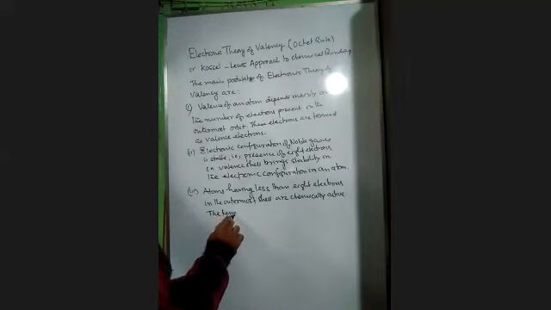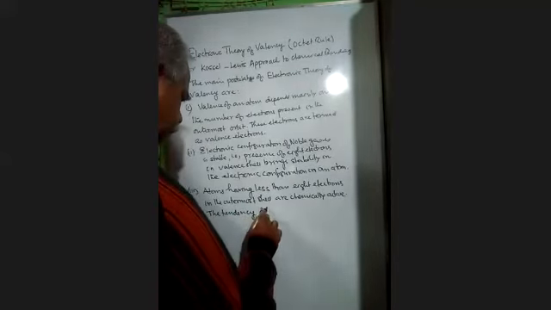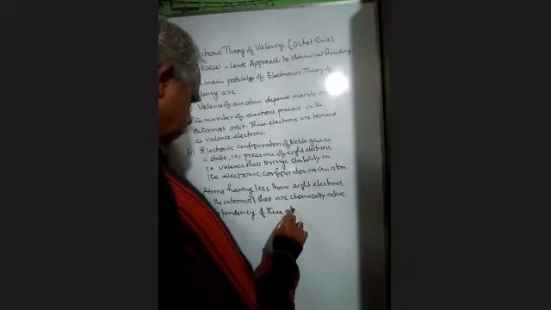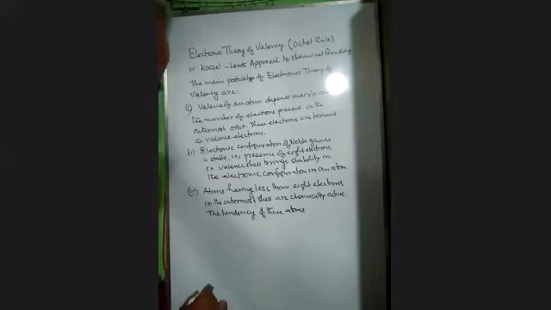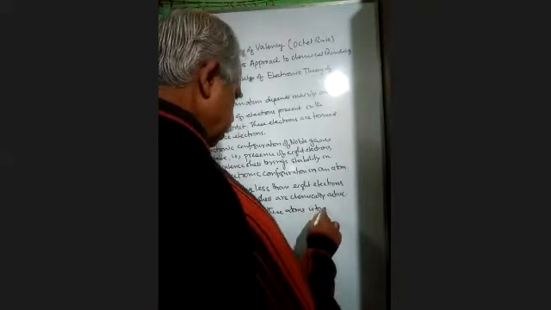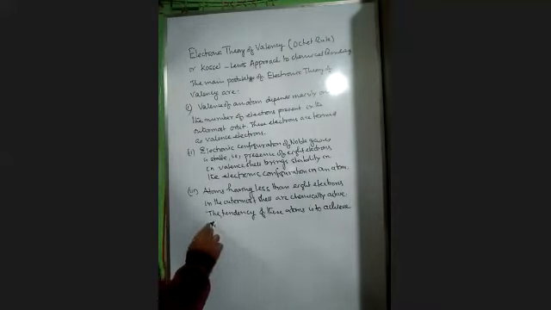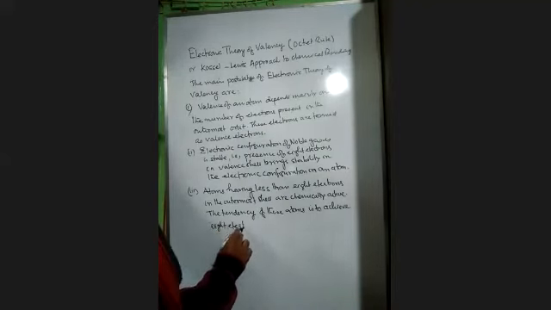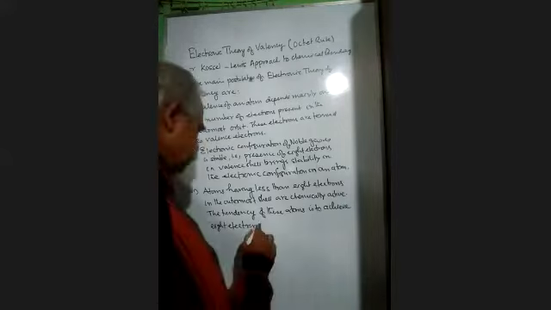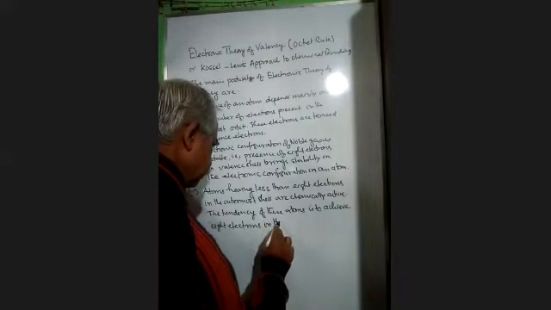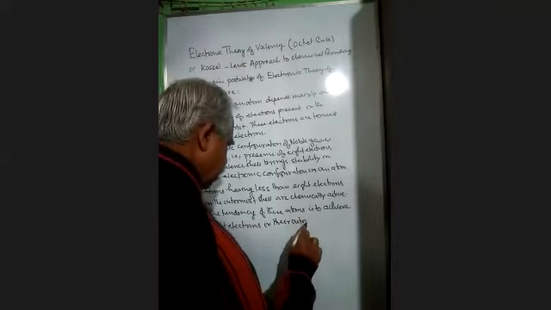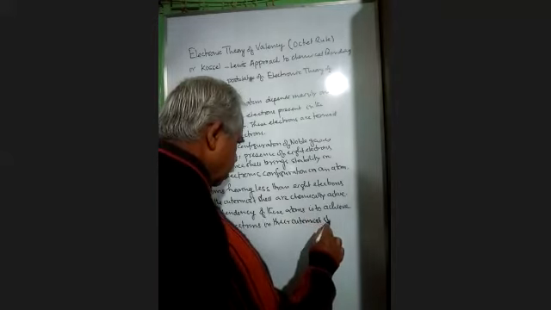The tendency of these atoms is to achieve 8 electrons in the outermost shell.